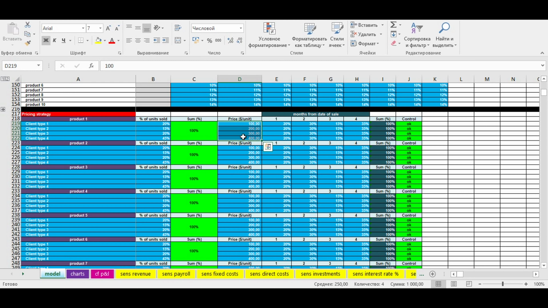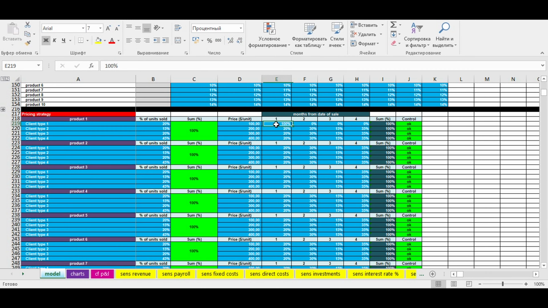Now we have to describe how our customers are going to pay us. Here we have month from 1 to 4. 1 is the current month when the product is produced. Here we go to the future months from today's moment. If we sell it in this month and get all money in this month, we put 100% here.